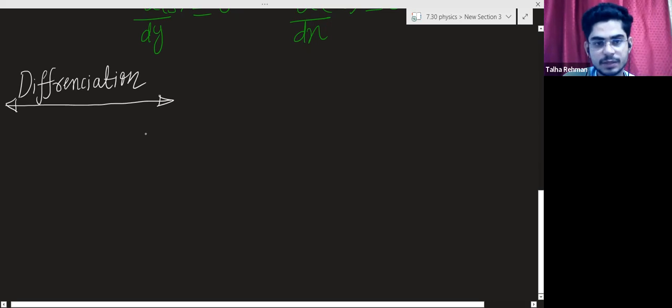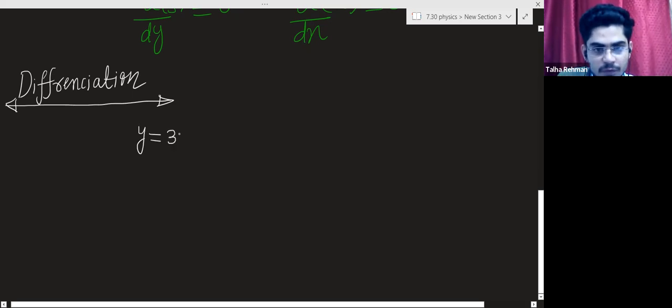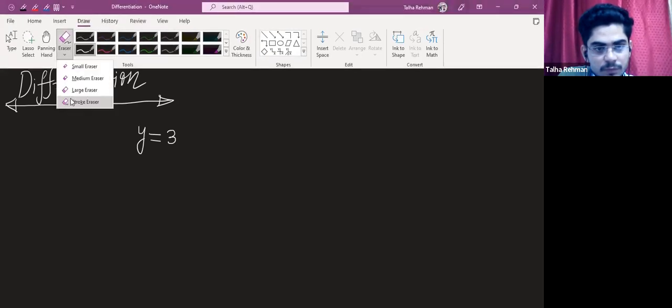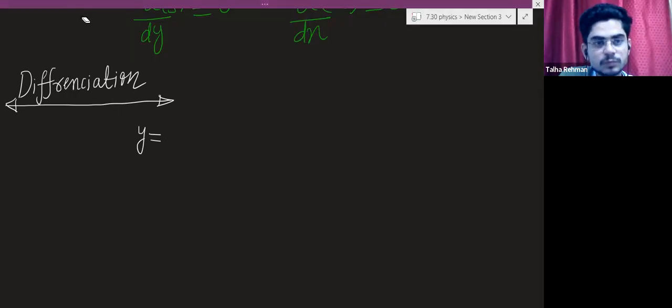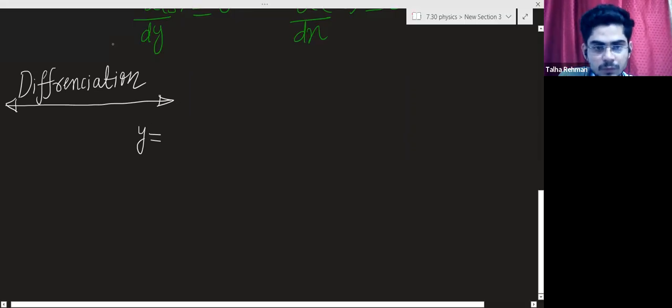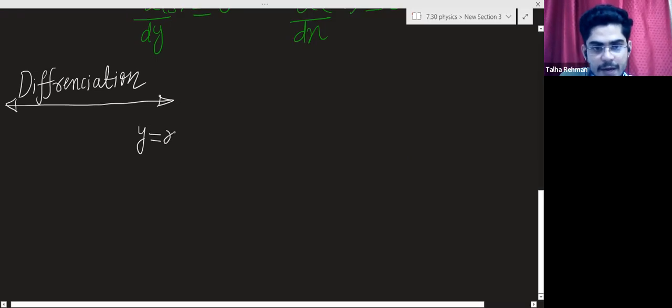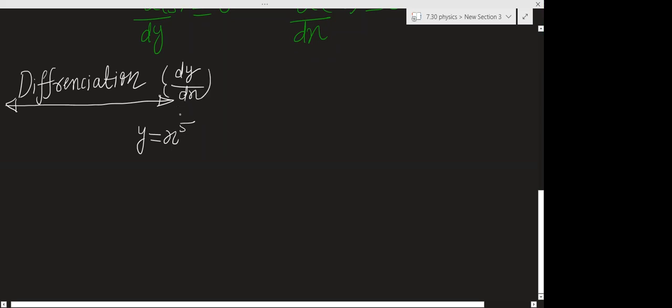Suppose I am writing y equal to x to the power 5. This is x. And differentiation means simply you can say dy divided by dx.